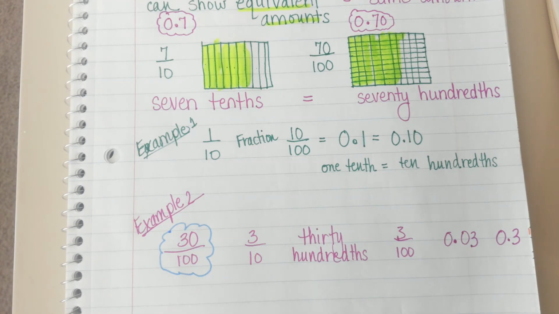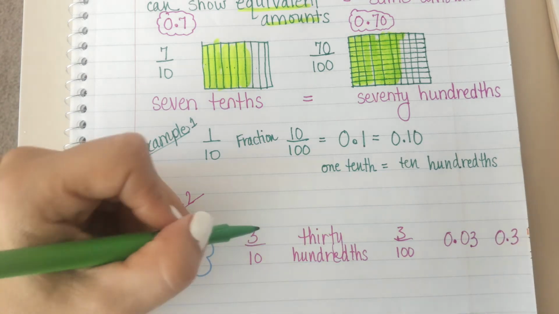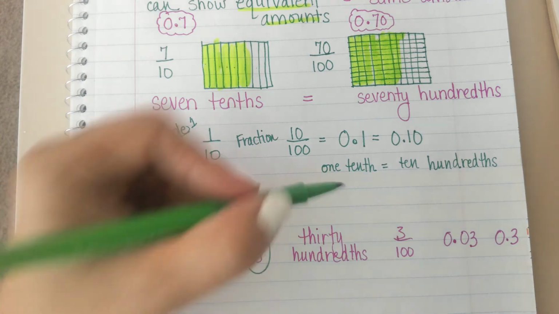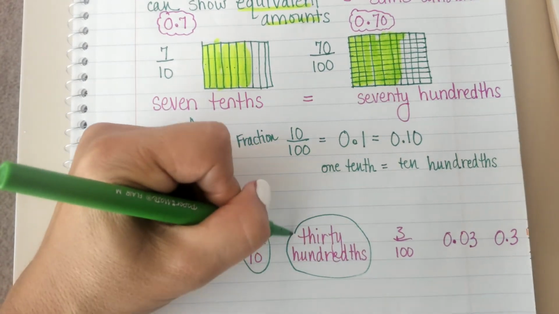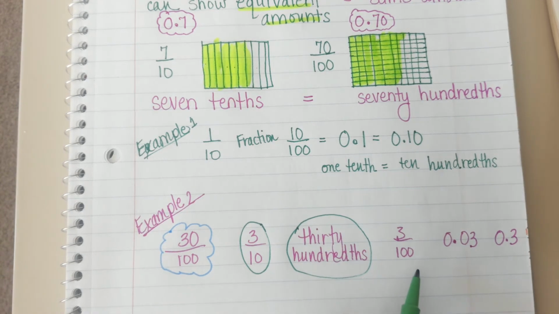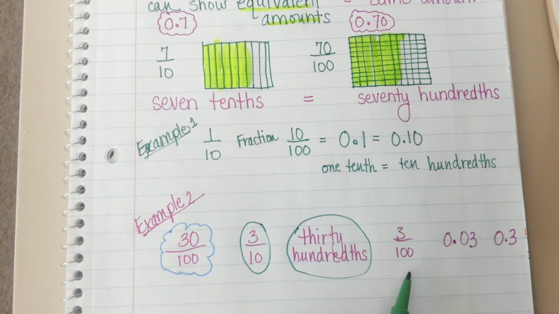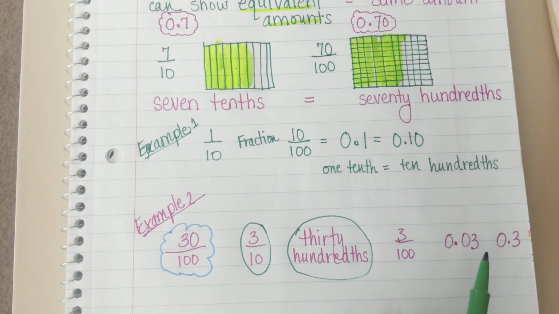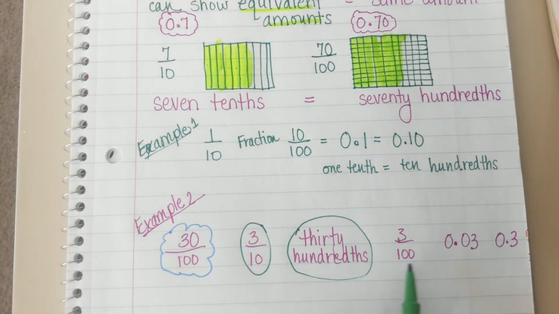So we have 3/10ths is equivalent. 30 hundredths is the word form for 30 hundredths here, so that's equivalent. 3 hundredths would only be to color 3 out of 100, and that is not 30 hundredths, so that is not equivalent. 3 hundredths would be related to 3 hundredths, so we got decimal notation and fraction notation.